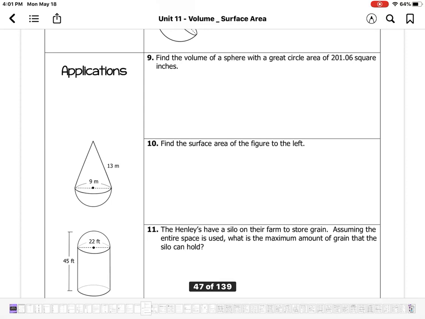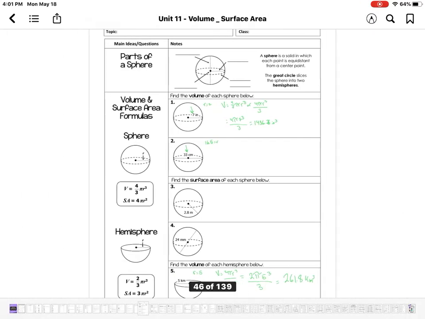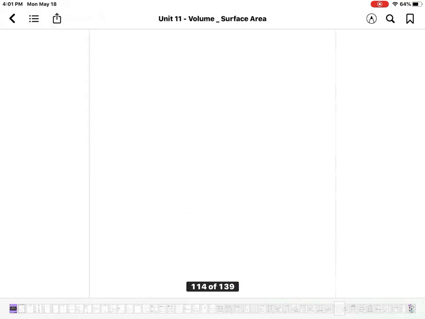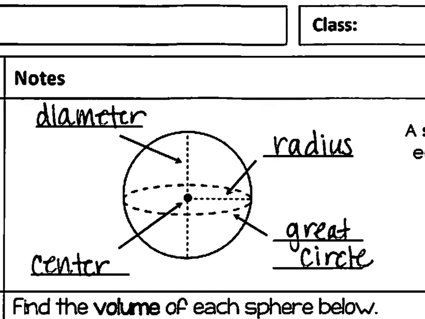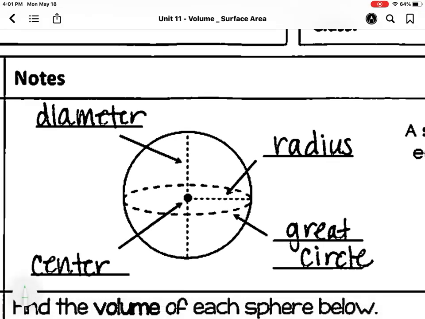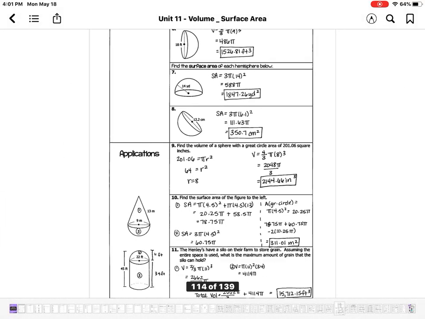We don't know it, but we know that the great circle, which is a circle that cuts it in half, has an area of 201.06. The great circle is right here. It's this circle that comes through and slices this sphere in half.